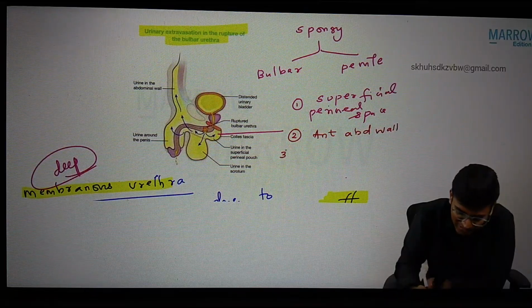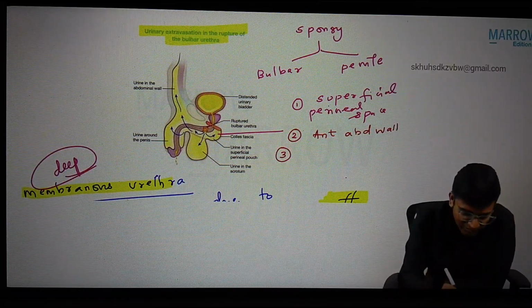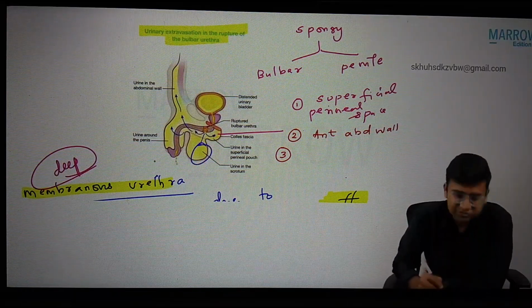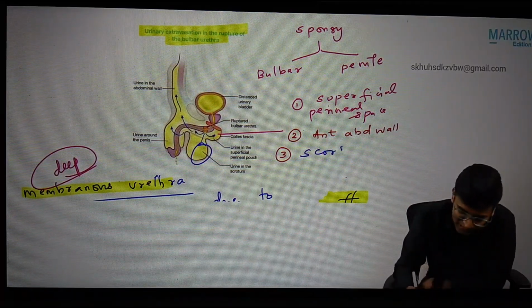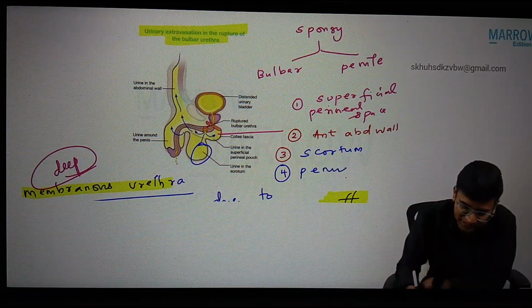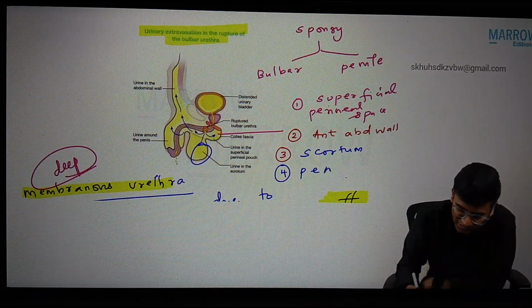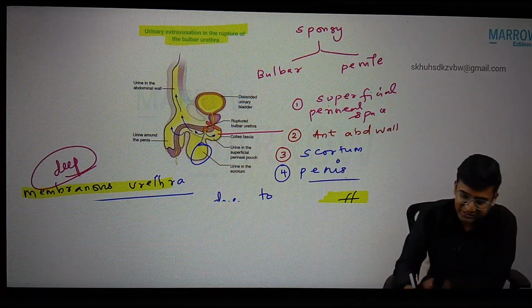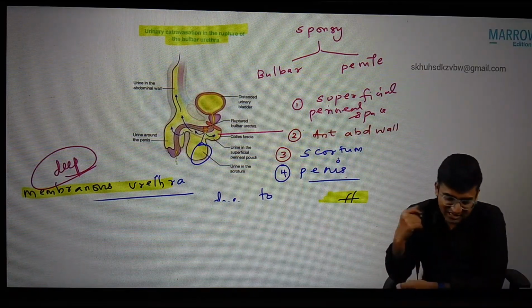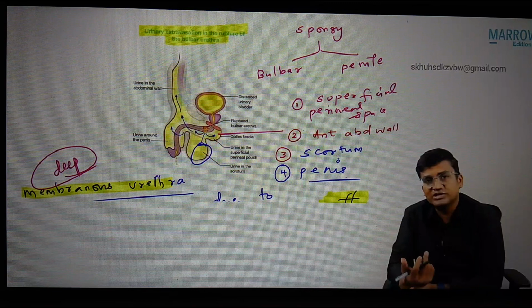Fine. Number 3, from here, the urine also comes to the scrotum. And the urine also collects around the penis. So these are the 4 areas the urine extravasates in the case of rupture of spongy urethra.